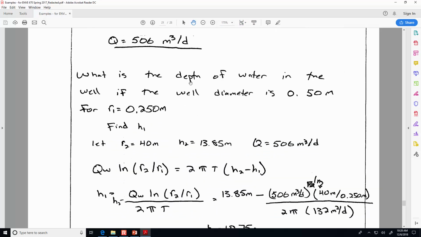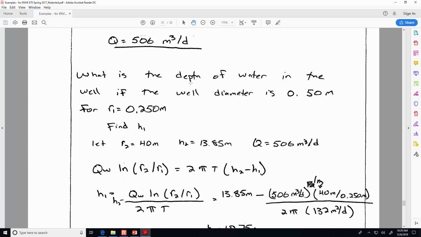Okay, so if you have the well itself as the R1, what we're solving for is the depth at that location. So you can rearrange algebraically the equation to solve for H1 in terms of the known H2 and the flow rate to the well, the ratio of the radiuses and everything.